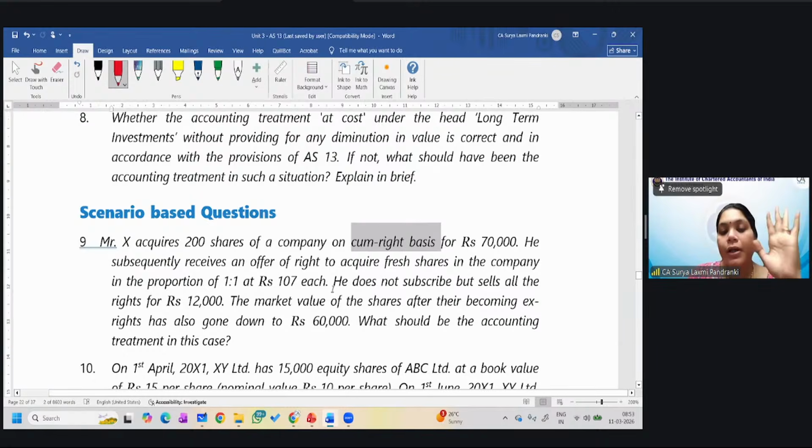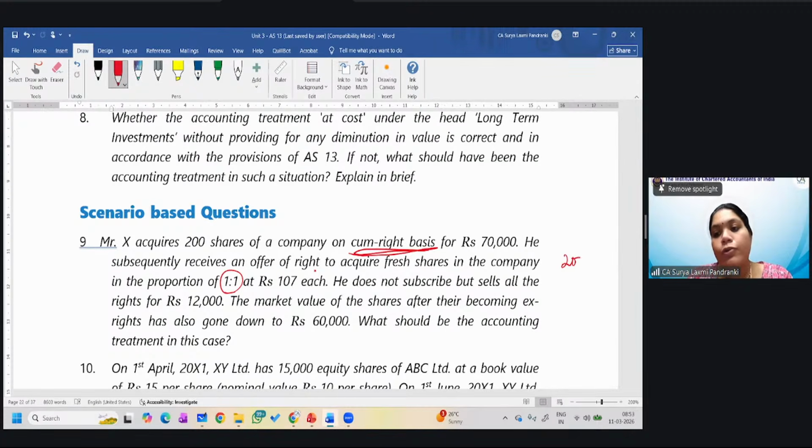You have purchased 200 shares cum right, which means after the purchase, you will have a right to purchase the rights issue shares. The rights issue proportion was 1:1, which means if you're holding one share, you get one more share. So for 200 shares you can get 200 more shares, which you can purchase for 107. And these 200 shares you have purchased for how much? 70,000.